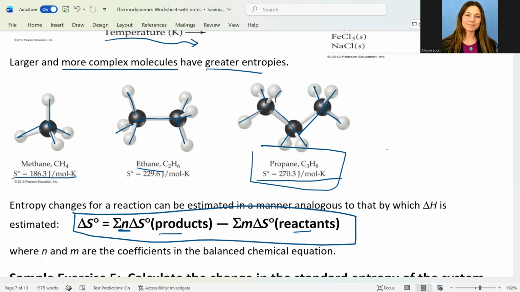And don't forget, both n and m here are the stoichiometric coefficients from the balanced chemical equation. In the next video, we'll take a look at the next sample exercise.